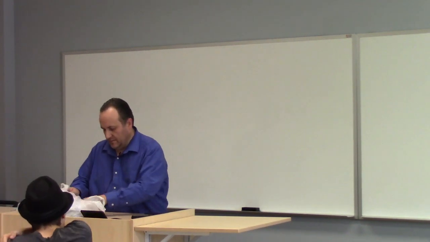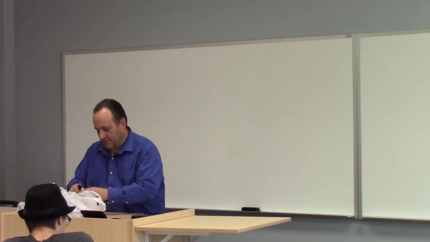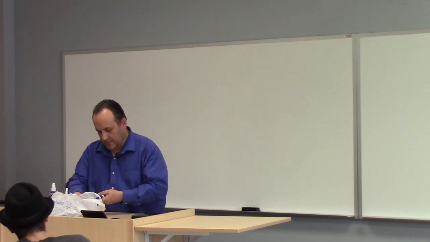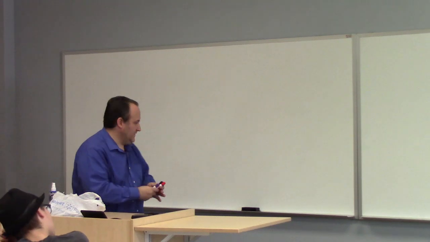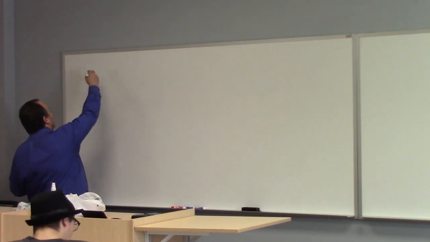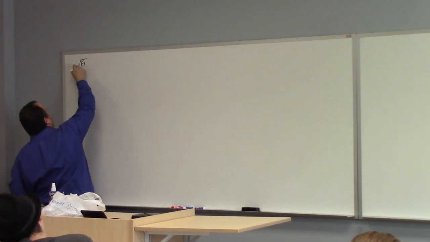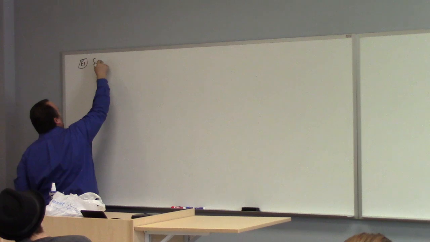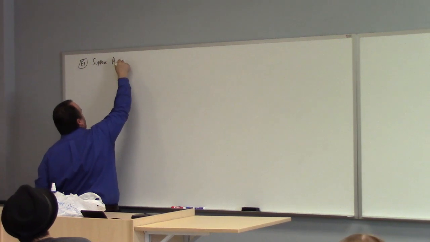So, let's see here. I have a few different things to share with you today. Let's suppose we've got a diagonalizable matrix. What does that mean then?